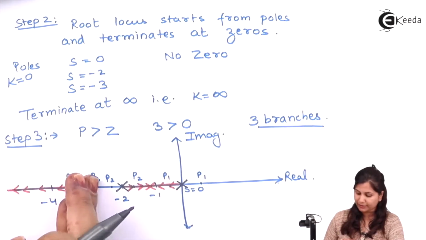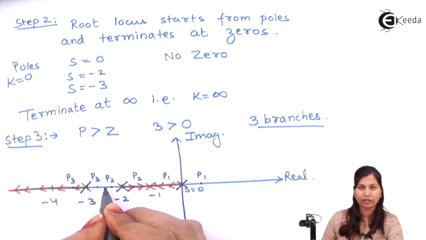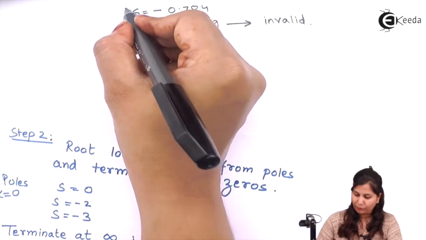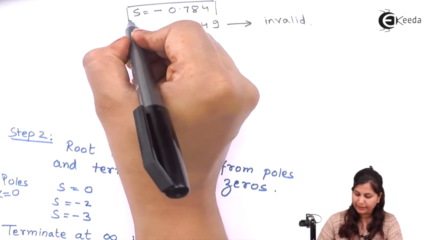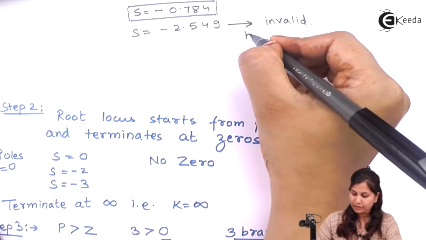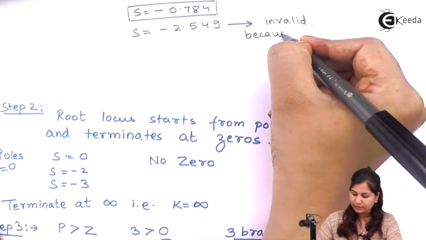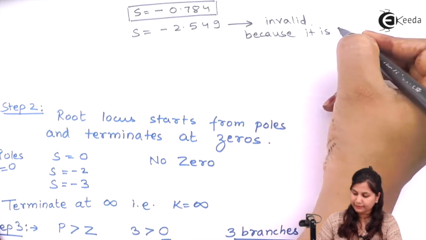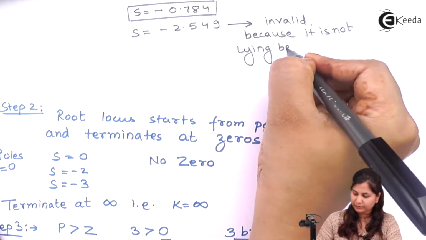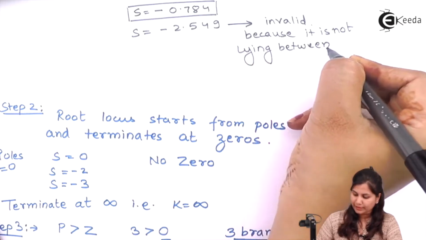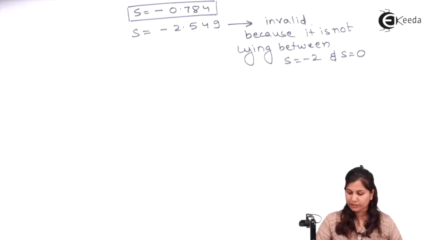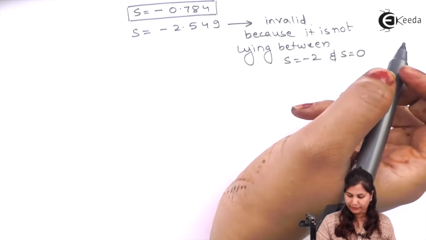It is minus 2.549, so it is somewhere here. So our valid breakaway point is s equals to minus 0.784. This is invalid because it is not lying between s equals to minus 2 and s equals to 0. So this is not a breakaway point.